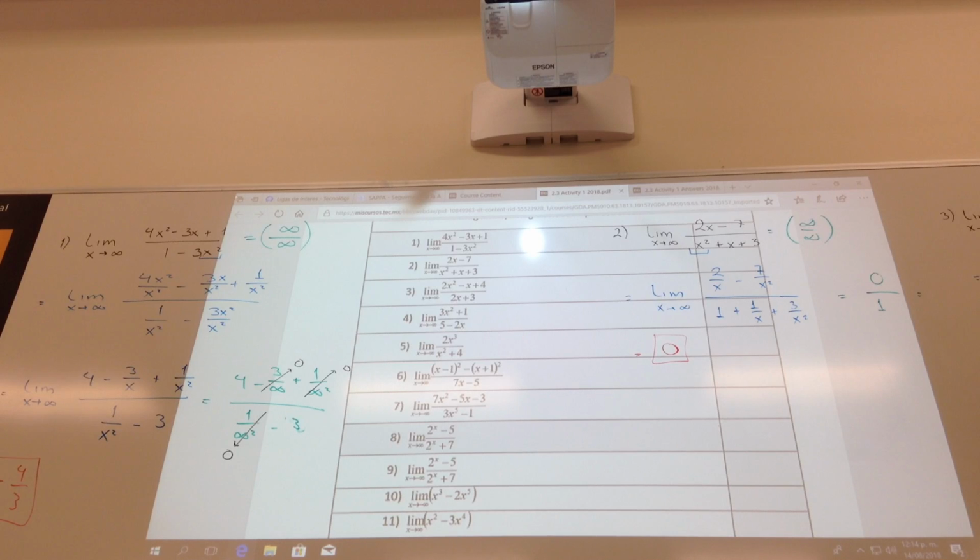So the answer is not a number, it's infinity. No, I have infinity. If you have something that multiplies a variable, it will always be infinity.